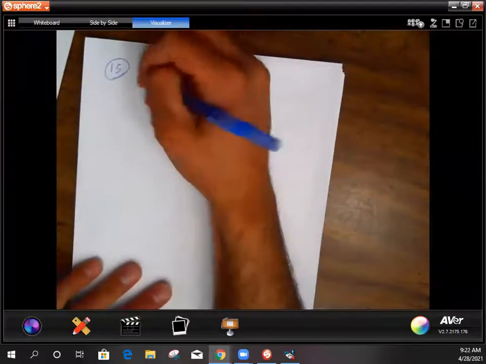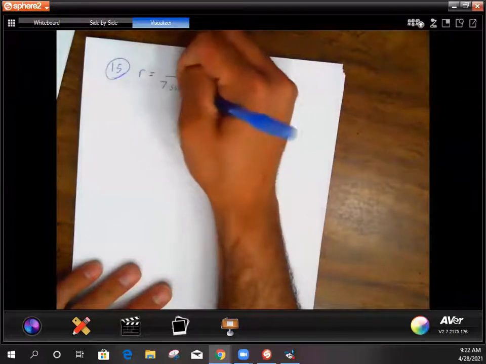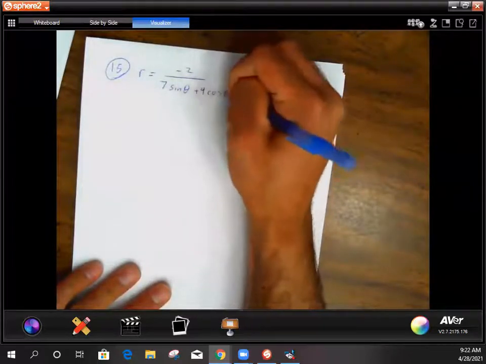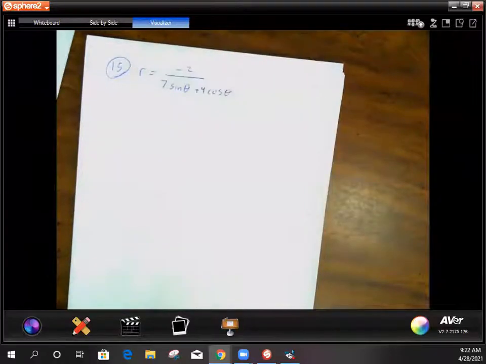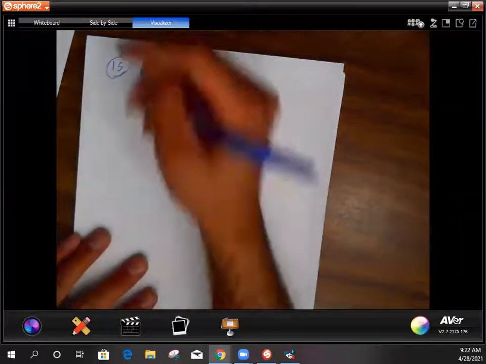So 15 is r equals -2 over 7 times the sine of theta plus 4 times the cosine of theta. All right, so first thing I'm gonna do is the same thing I do anytime I have an equation with a fraction, and that's to get rid of the denominator. And since it's just one fraction equal to r, I could cross multiply.